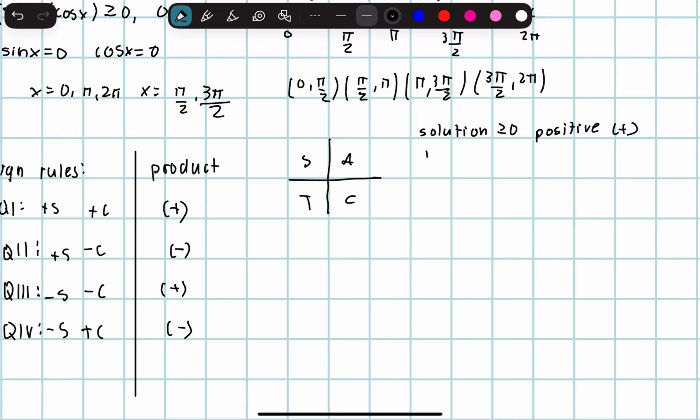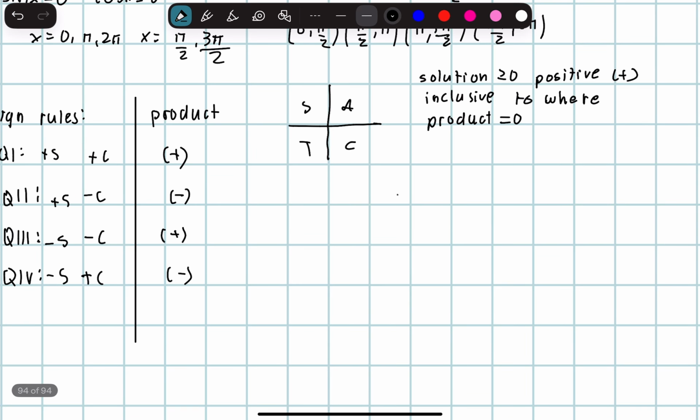And it is inclusive to where the product equals 0. So that means our solution is going to be 0 to pi over 2 union pi to 3 pi over 2.